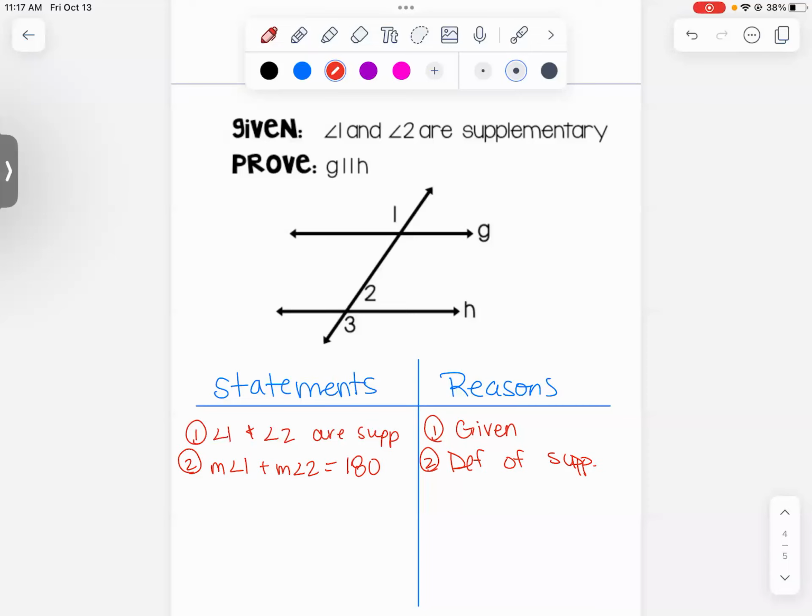So what could we use to help us? There's nothing I can substitute yet, but there's something I can look at in that picture and know. How do we know that?